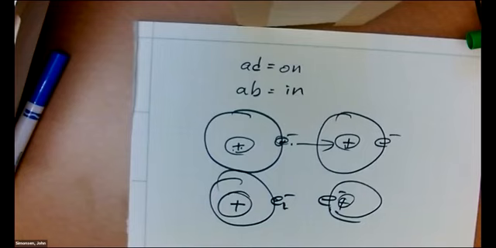They will deform according to certain principles, and I'll show you what those are in just a minute on the slide. And the net result is you have attraction, and that attraction is called van der Waals.